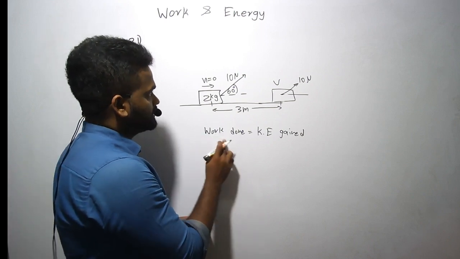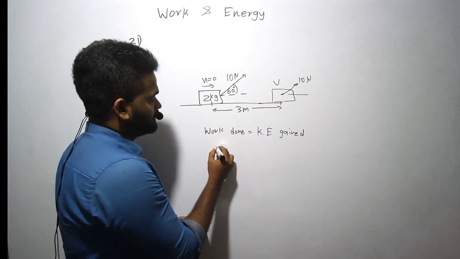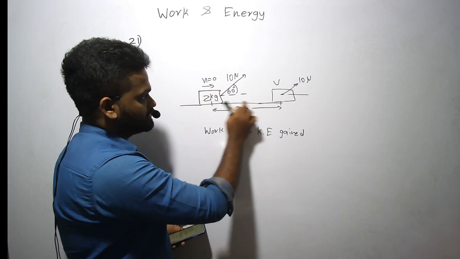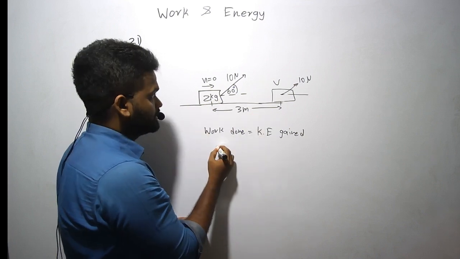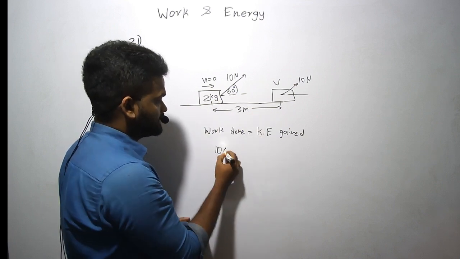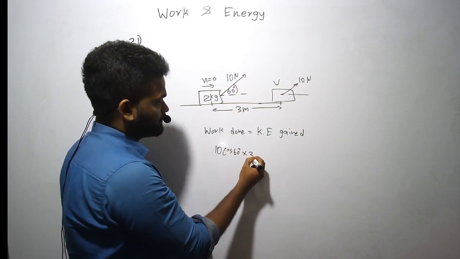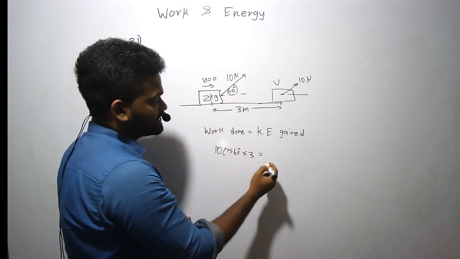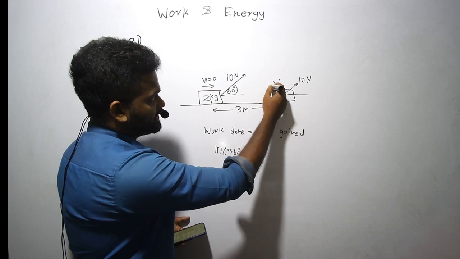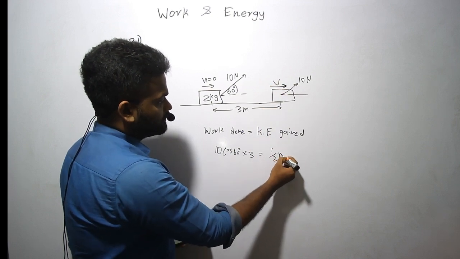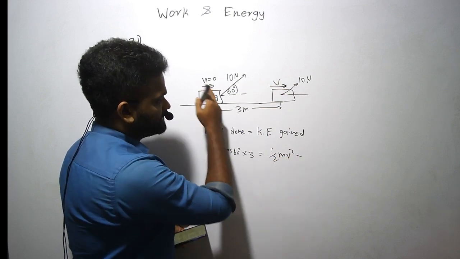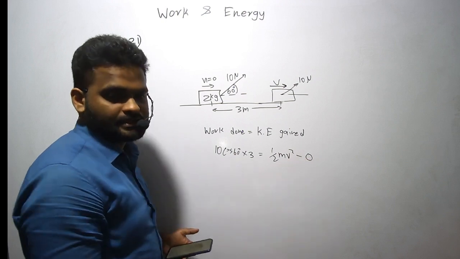Okay, so what is the work done? The force component is in the direction of displacement. Force is 10 cos 60, times 3, equals kinetic energy gained. Here the kinetic energy is half mv squared. Initially it is at rest, kinetic energy 0.